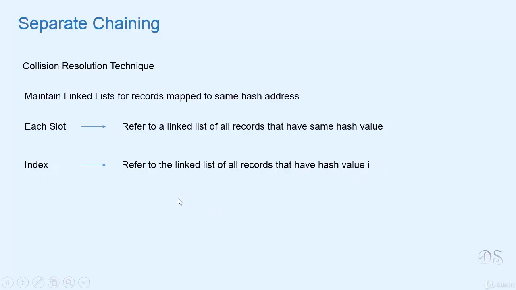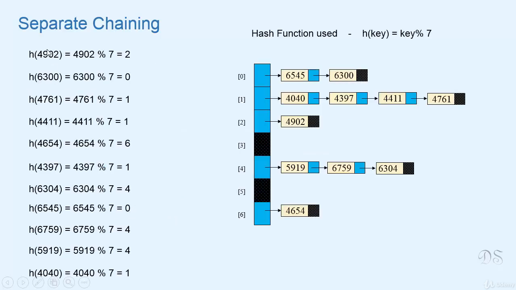Now let's understand with the help of an example how we can resolve collisions using separate chaining. These are our keys. We have used this hash function and we have this hash table of size 7. We can see that the keys that are mapped to the same location are stored in a separate linked list. These two keys are mapped to location 0, so they are in this linked list.